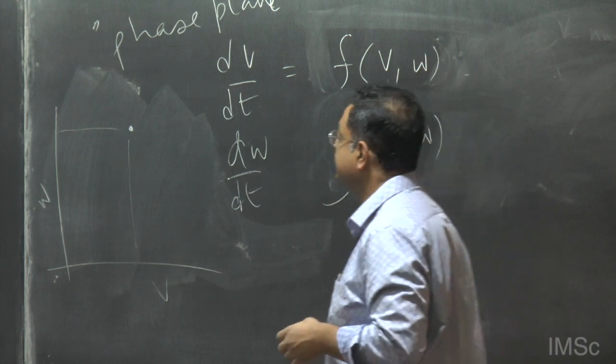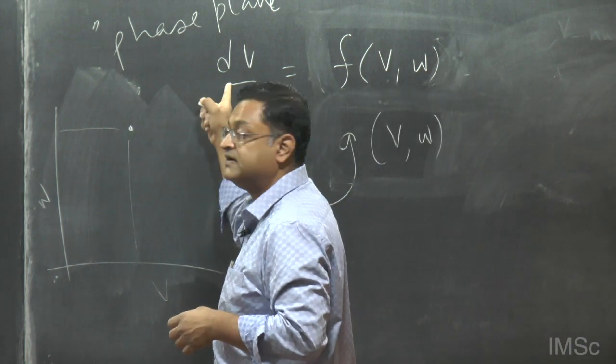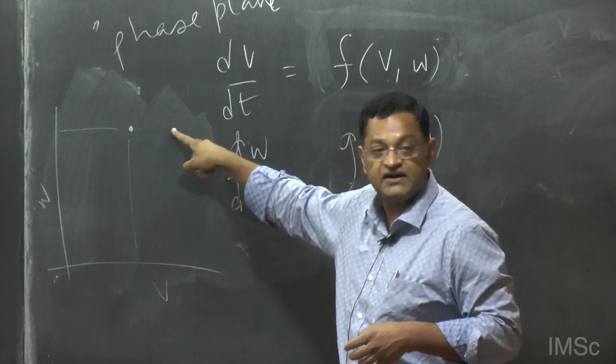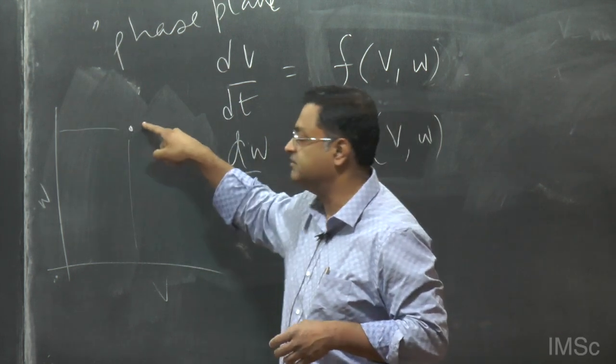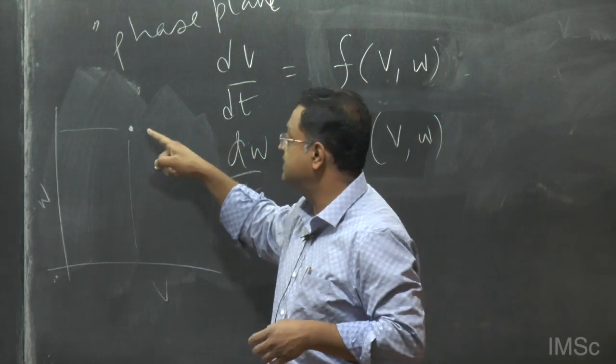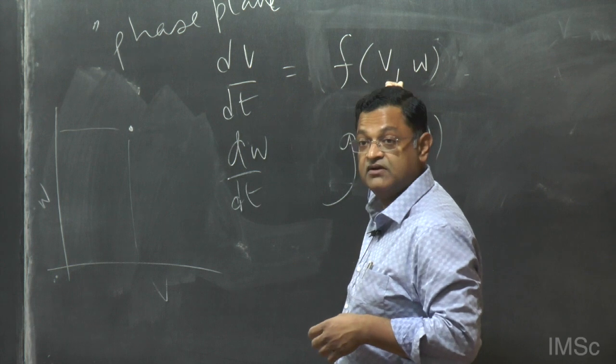That's right. It's the magnitude of dV/dt, the rate of change in the v direction. It could be moving this way, it could be moving this way. It's not completely clear which one, but you will have to figure that out from the sign of this quantity.